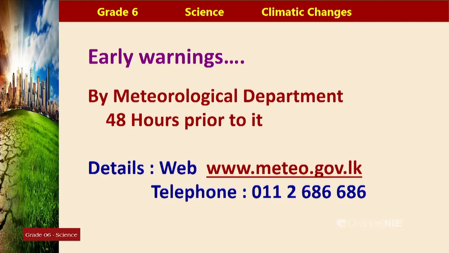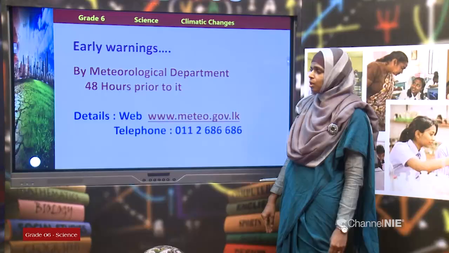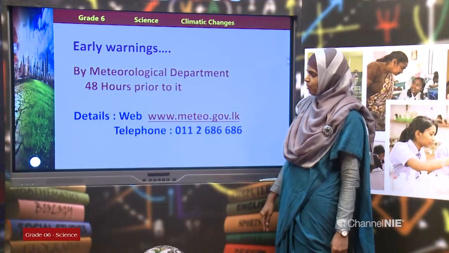So, the meteorological department watches the surrounding atmospheric conditions around Sri Lanka and gives warnings on the weather and climate. If there is a threat of cyclones, they would inform us 48 hours prior to it so that we can be safe.